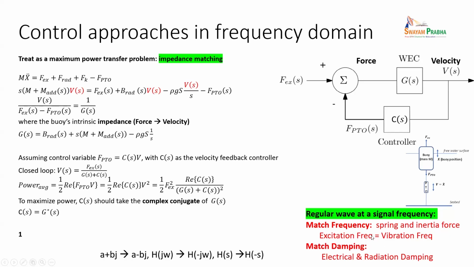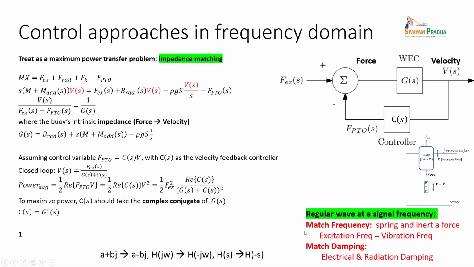If you have A plus Bj, the complex conjugate is A minus Bj. For a transfer function H(j omega), the conjugate is H(negative j omega), and for H(s) it is H(negative s).